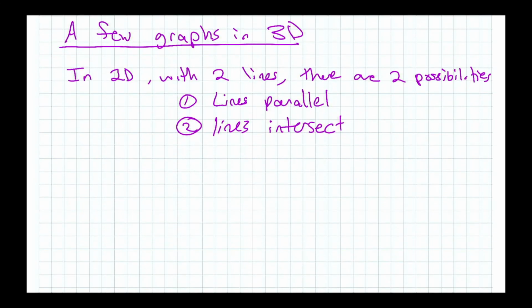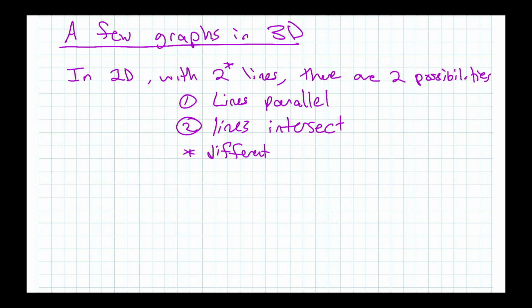And maybe there's an asterisk here because there's a third possibility: what if they're actually the same line? Then technically, what would you say? Their slopes are the same, but they're not parallel. They do intersect, but they intersect everywhere, so that's weird. So this is going to be two different lines.